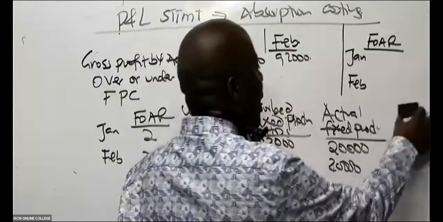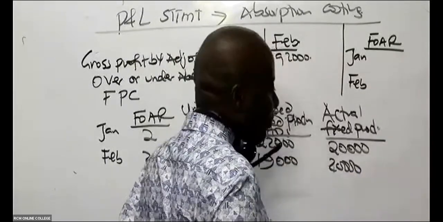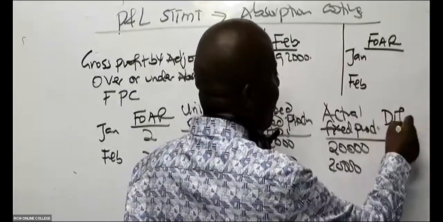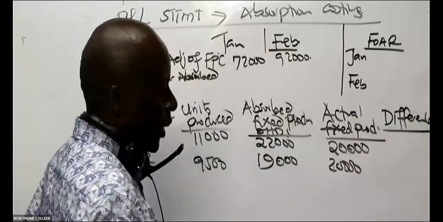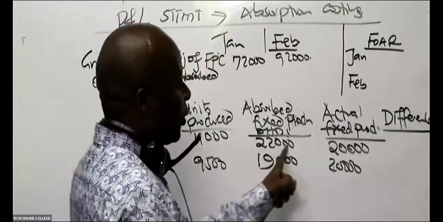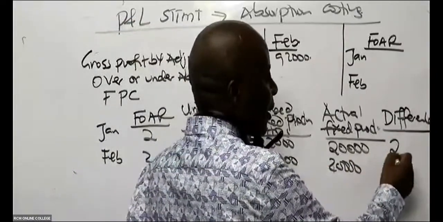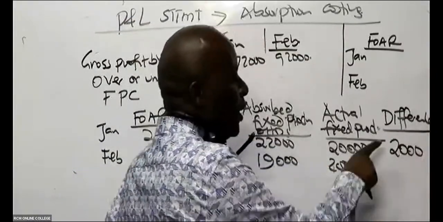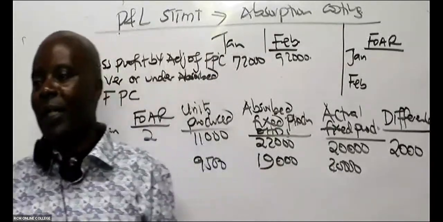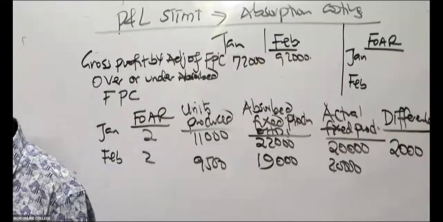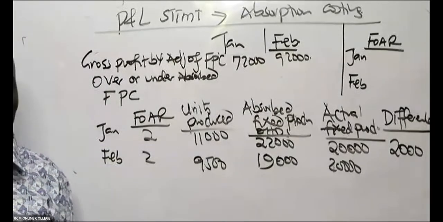Come here and give me a column for difference. So 22,000 minus 20,000 gives me 2,000. Is this over absorbed or under absorbed?